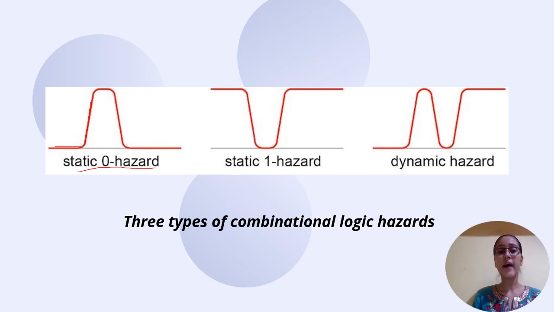In a similar manner, in static 1 hazard, the output should remain at 1, but due to some switching transients, it lowers down to 0 and again rises to 1. In dynamic hazard, it changes from 0 to 1 and again changes from 0 to 1, which should have appeared only once. Here the multiple transition occurs.